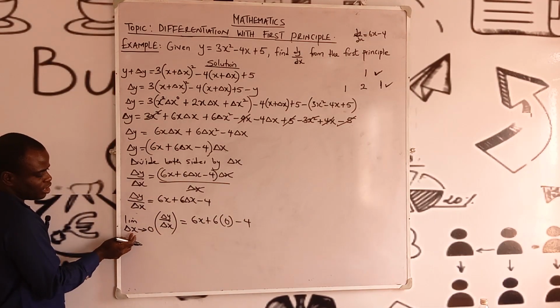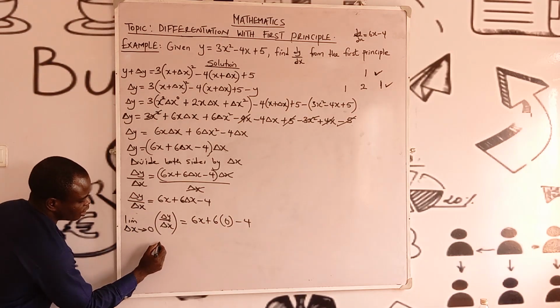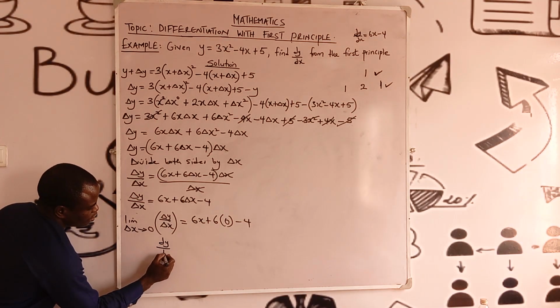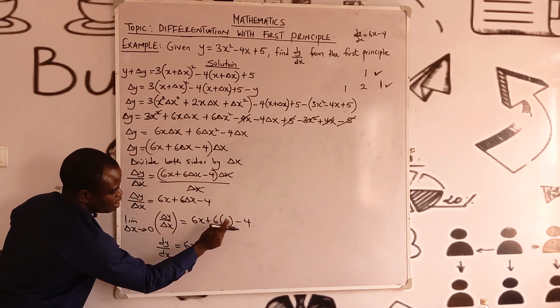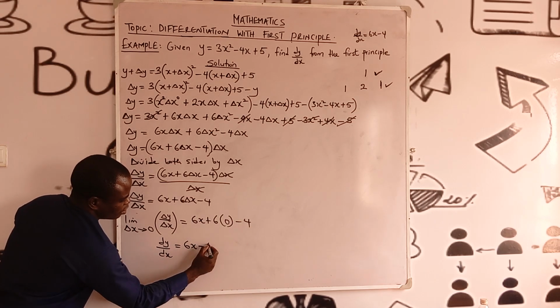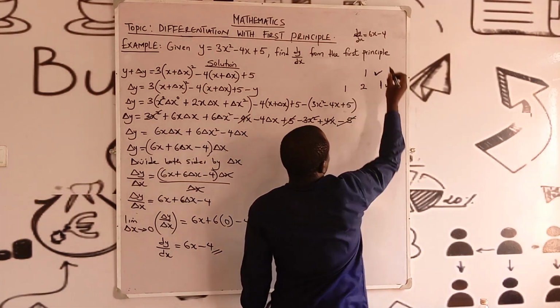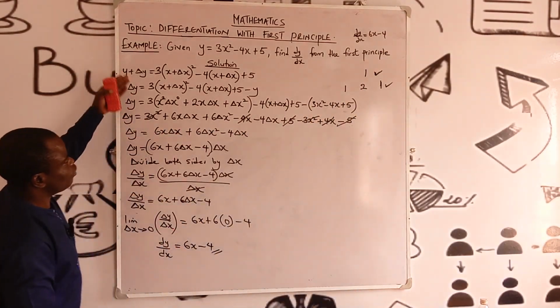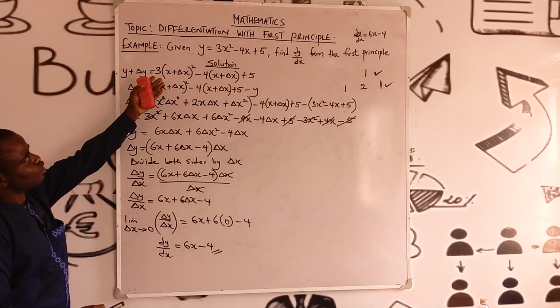Now, when you say limit as dx tends to 0, you now change this delta to small letter d. dy over dx equals 6x, 3 times 0 is 0, 6x minus 4, which is what we have here, 6x minus 4. This is what we call first principle, using first principle to solve differentiation.